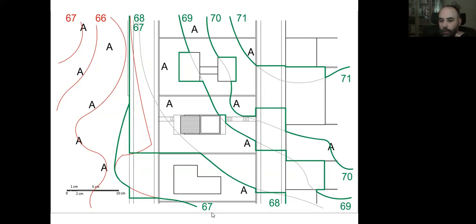This is my 67th contour line. And for the 66th, again, next to the retaining wall, I will follow the same line. And once I'm on the park, I will follow the red line. This is the 66th. And again, since this is a park area, I will just follow the red lines here.